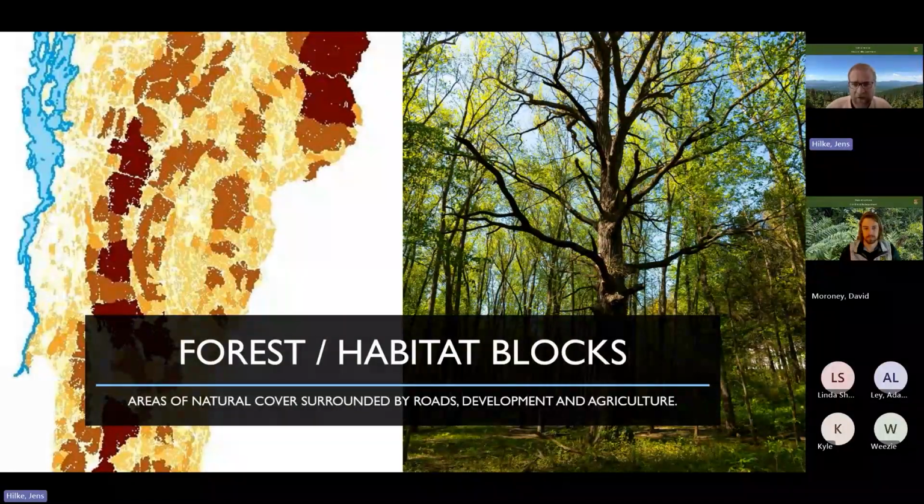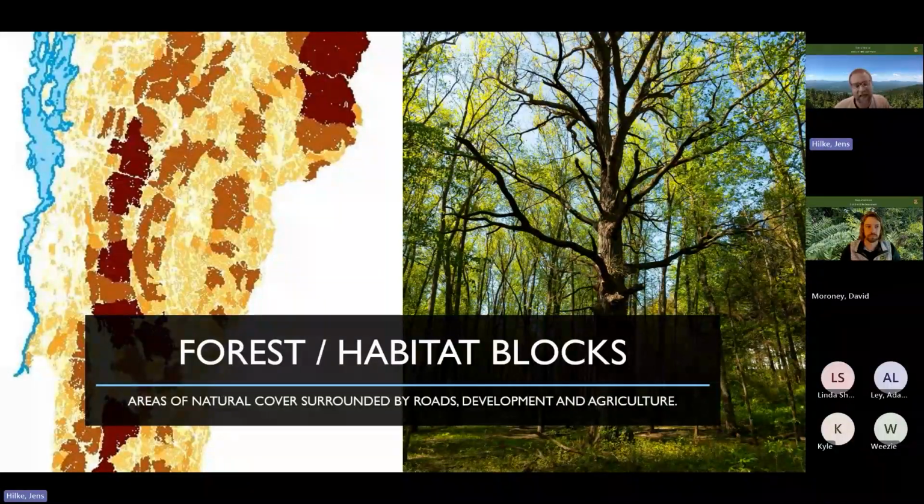Well, the new version, the 2023 version of the conservation design, the habitat blocks that are incorporated there used a 0.5 meter pixel. So the new VCD has a resolution that is 3,600 times greater than the previous version. In particular, that really allows us to see the edges of the blocks.